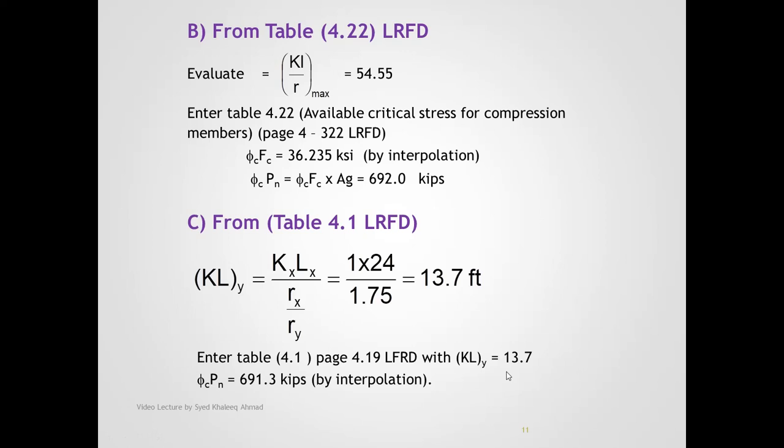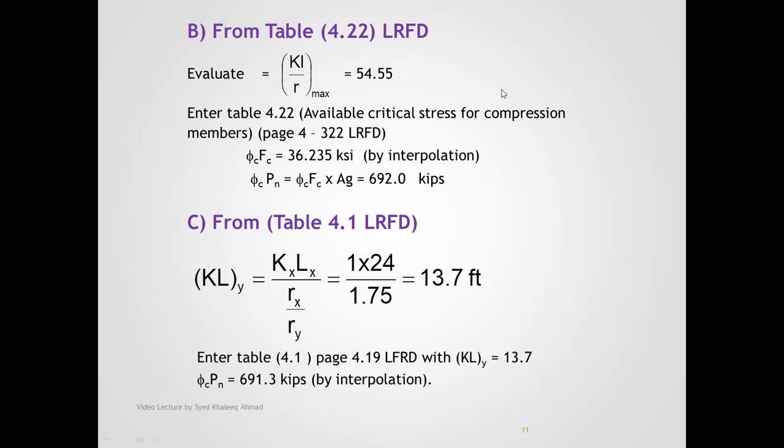Now we can also use the tables which are available in the AISC manual. So there is a table 4.22, which is giving you the value, as you have seen in the previous one, of available critical stress for compression members. So the same type of table we will be using for this case.